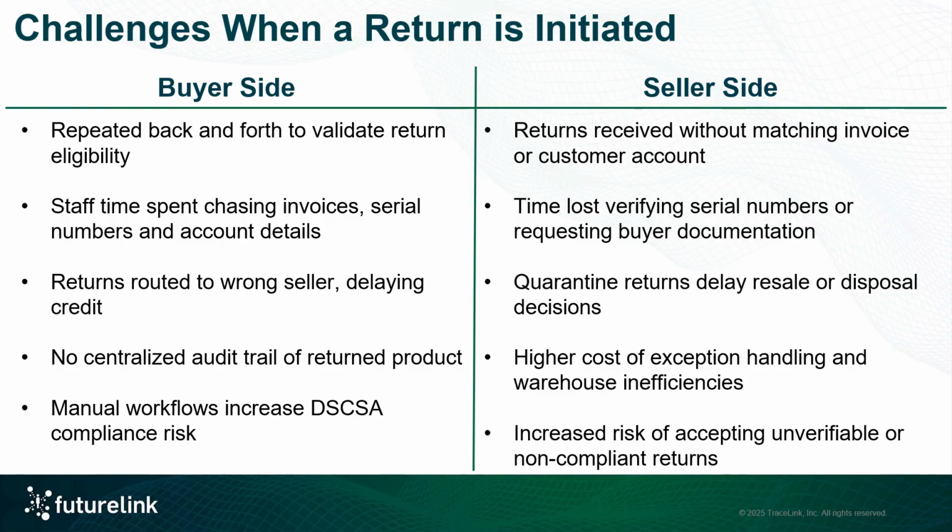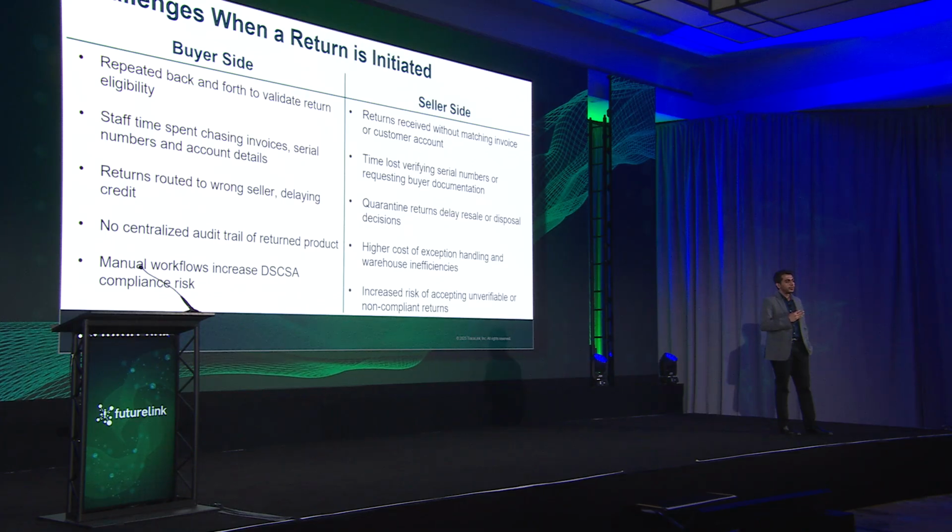There's no centralized audit trail of this, and there's a lot of manual workflows in this process that increase overall risk. The seller wants the two-way handshake to happen upfront, before a returns process to them, and not doing that results in a higher cost on their end as well. When they receive product, they end up spending time doing the validation, which results in higher risk.